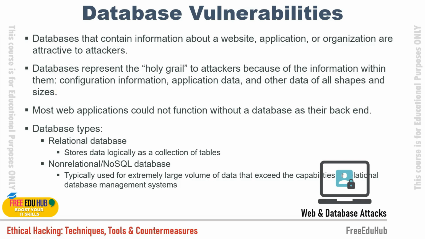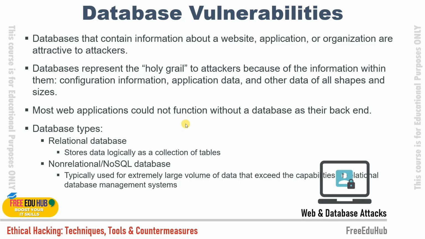So your web interface is just an interface through which you are accessing the website. The rest of the information related to the pages, links, all the pictures, statistics, and all the related information which is shown on the page is usually saved in the database. Now most web applications could not function without a database, as their backend is a database.